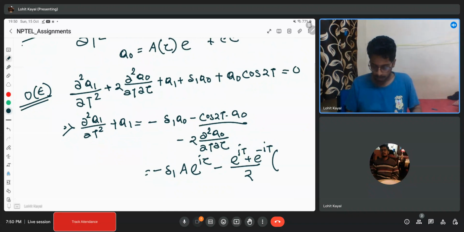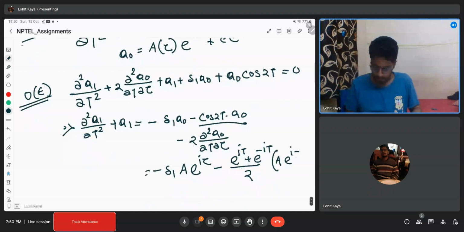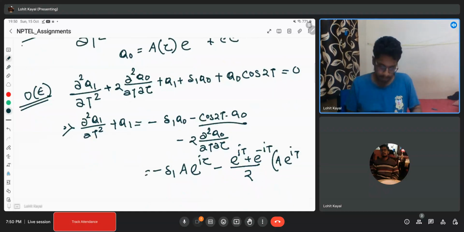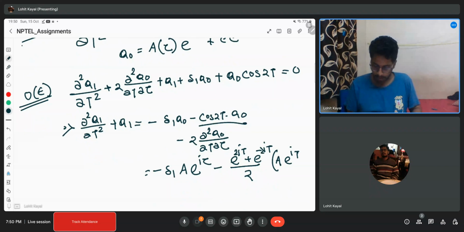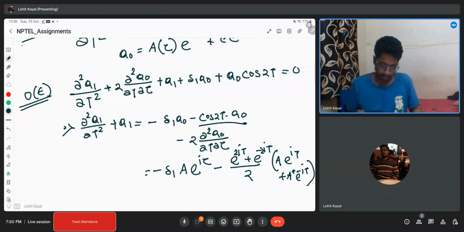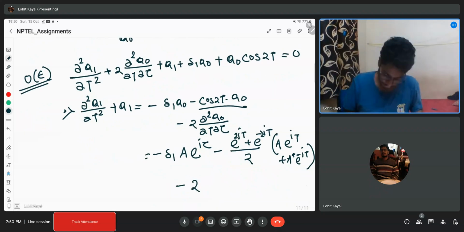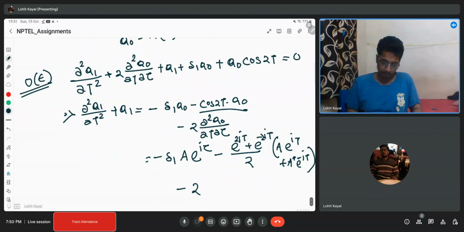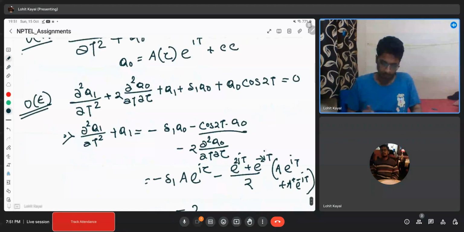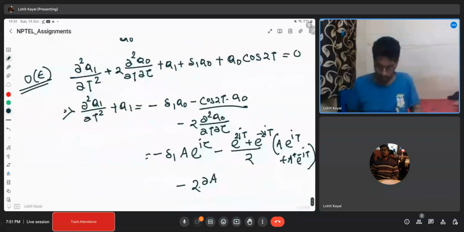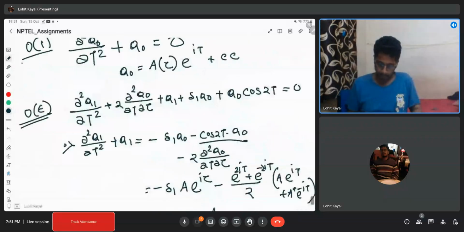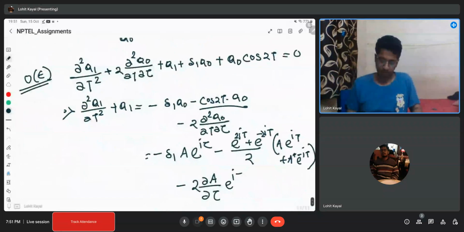So it will be A into e to the power 2it minus 2it plus A star e to the power minus it. And 2 ∂²A0/∂t∂τ gives 2 ∂A/∂τ into e to the power it. There will be some other complex conjugate terms.